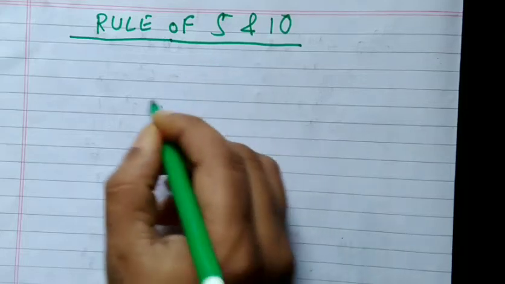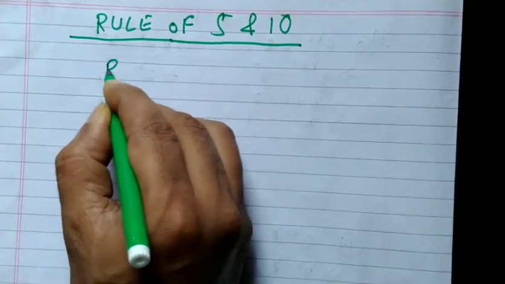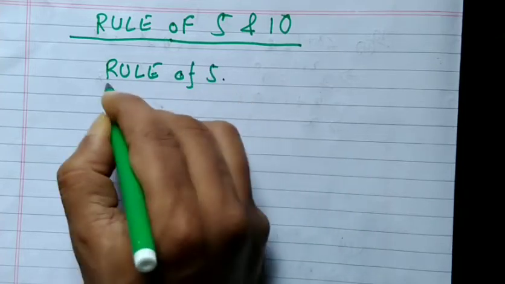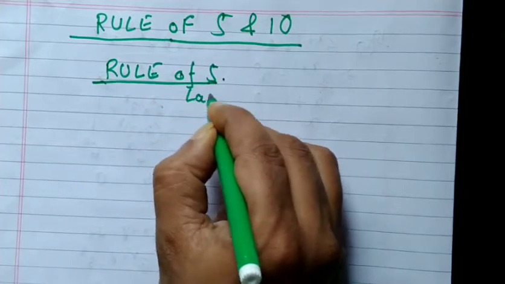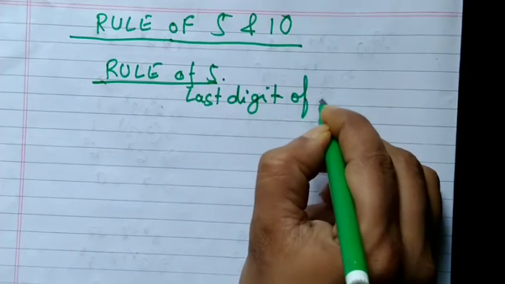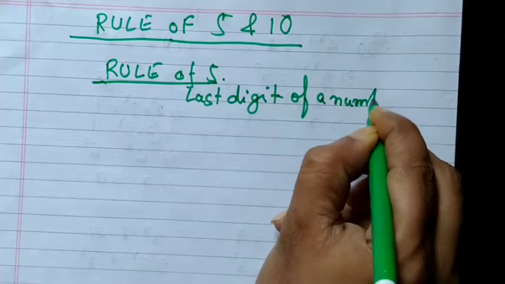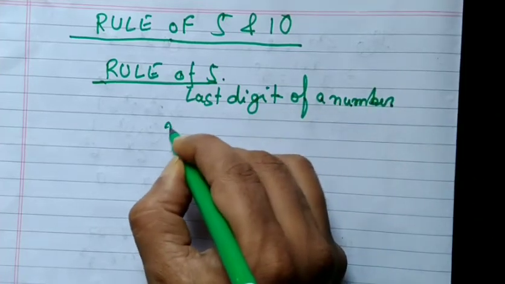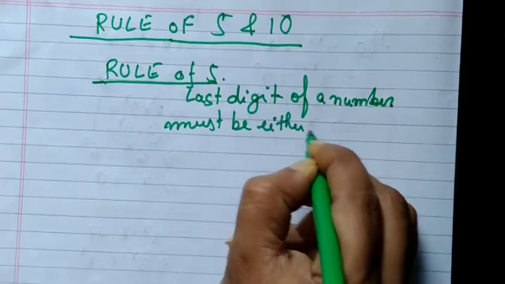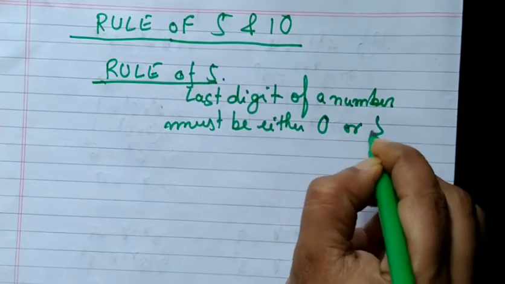Now the rule of 5 and 10. For 5, the last digit of a number must be either 0 or 5.